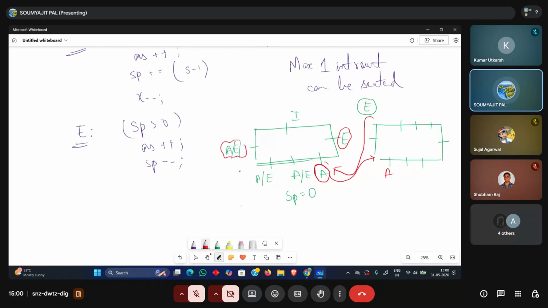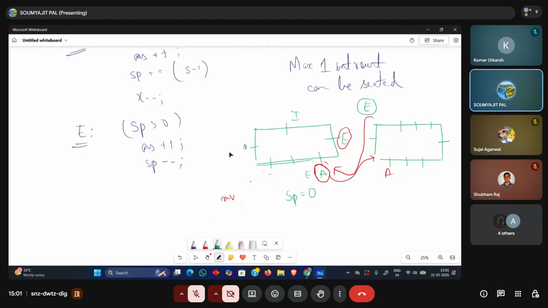Since an extrovert can be seated only when the table has at least one person seated, that is, a table is occupied. So wherever there is A, I can treat this as a move variable. Okay, this is a move. Let me write it clearly so that it's easier to understand.